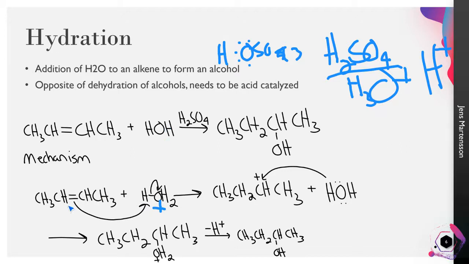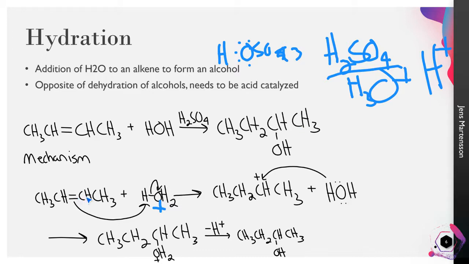So the arrow goes from the double bond to the hydrogen. This OH bond will break, and the bonding electrons will go to the oxygen, which will neutralize that positive charge, okay? And then we reform water here. So again, the regiochemistry is the same for hydration. You'll add your hydrogen to the carbon that already has the most hydrogen.